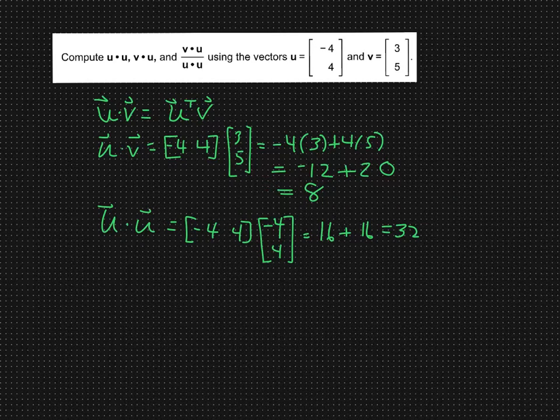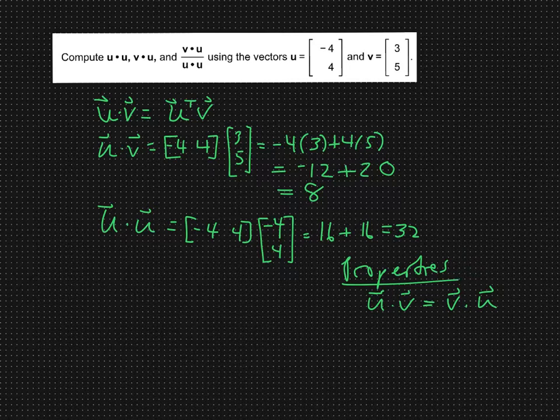And just a few properties of the dot product that might help out a little bit. It is commutative, so u dot v is equal to v dot u.